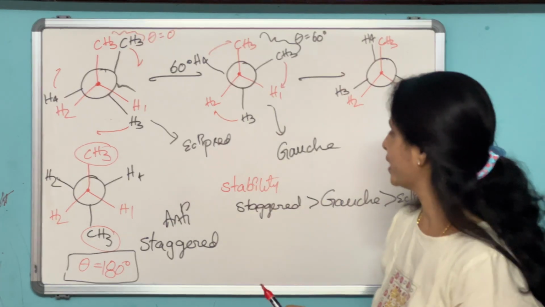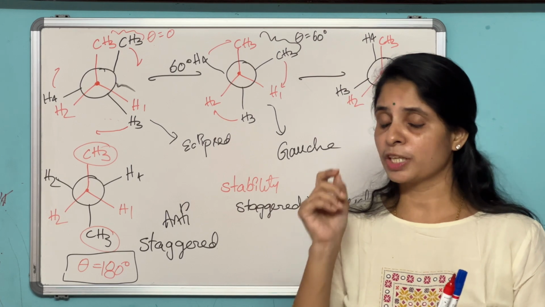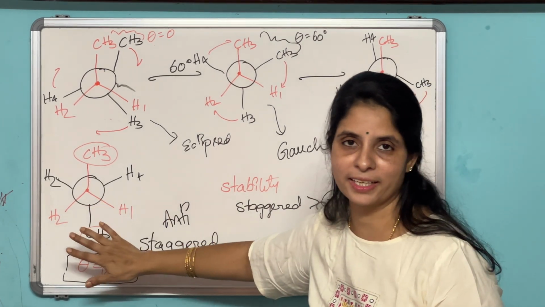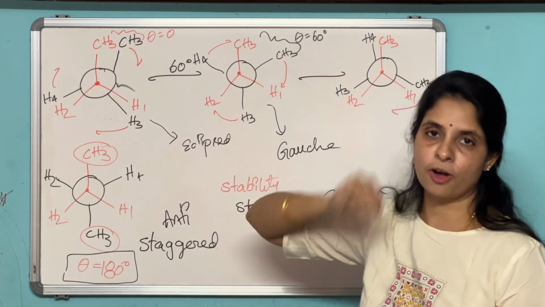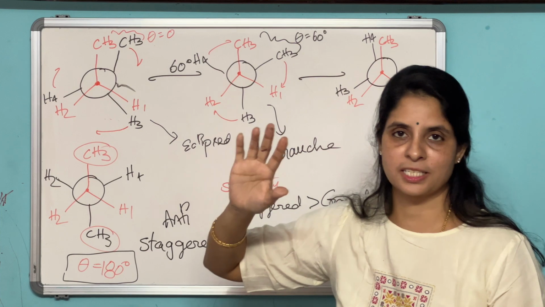Clear? Here I have told you one important point. The anti form means the dihedral angle is 180 degrees. But only in the case of ethane, the staggered form has a dihedral angle of 60 degrees.